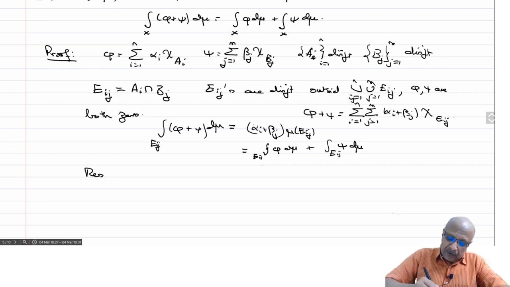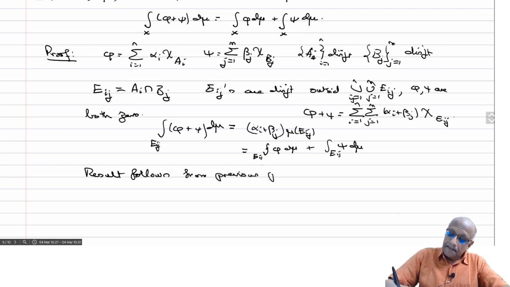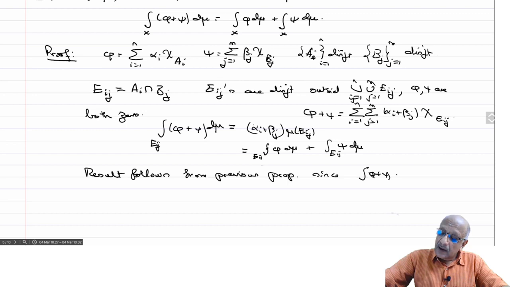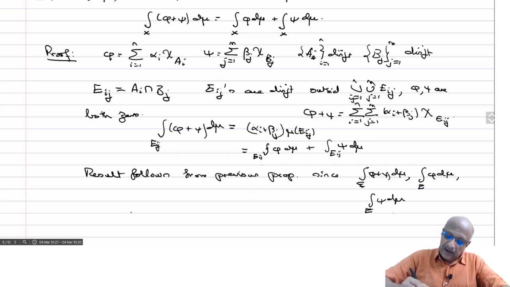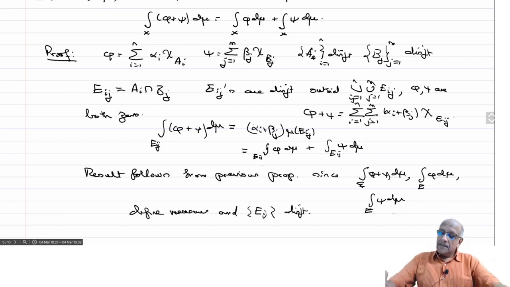So the result follows from the previous proposition, since the integral of phi plus psi d mu over E, the integral over E of phi d mu and the integral over E of psi d mu define measures, and the E_ij are all disjoint. Okay, so therefore by countable additivity the result will follow.